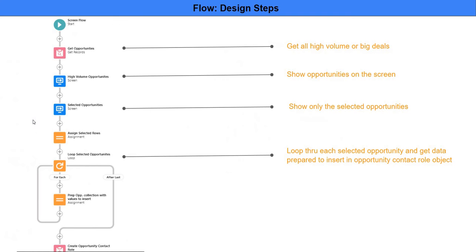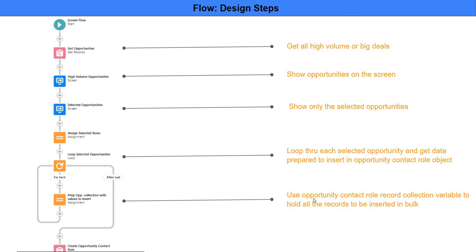As in, we wanted to use a new record collection that will hold the list of opportunity contact role records to get created. So again, the reason why we wanted to do this way, we don't want to perform any DML operations inside the loop. We just wanted to do it outside the loop.